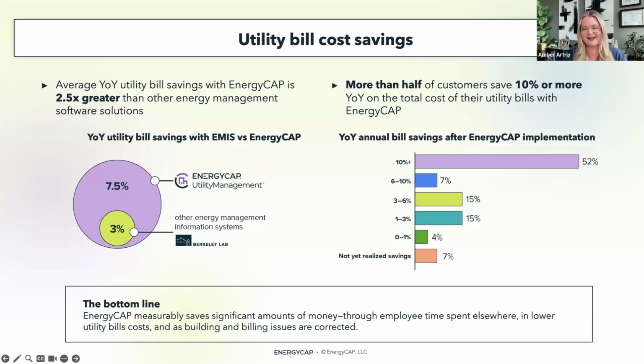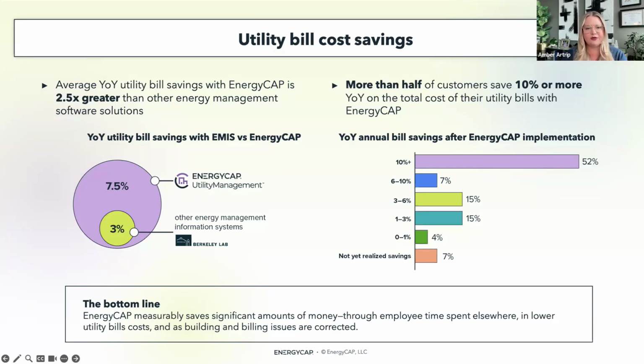My team on the marketing side did a survey of our own to our customers to understand their average cost savings on their utility bills each year after implementing EnergyCap. And we found, on average, EnergyCap customers save 7.5% a year on their energy costs, which is a great number. We're super proud to see that that's well over the industry average from the Lawrence Berkeley National Lab report.